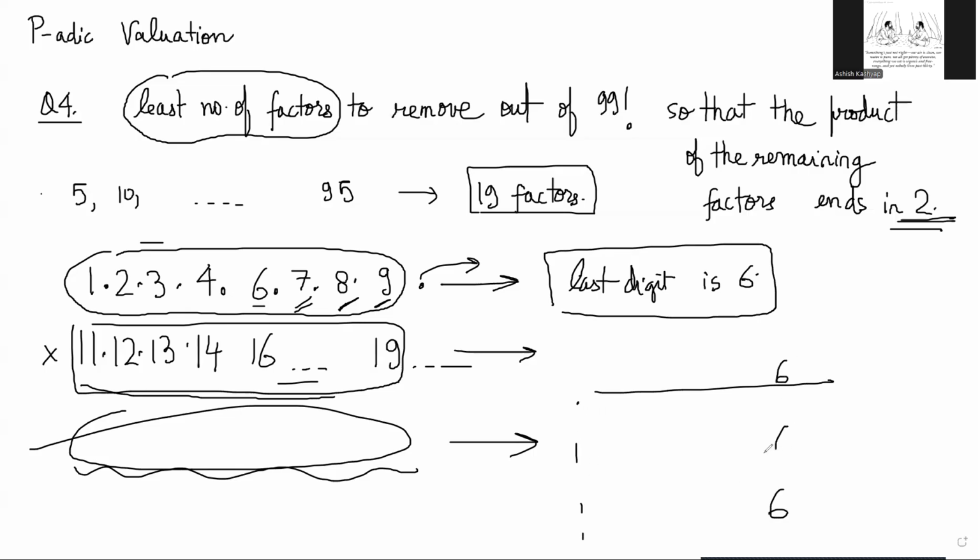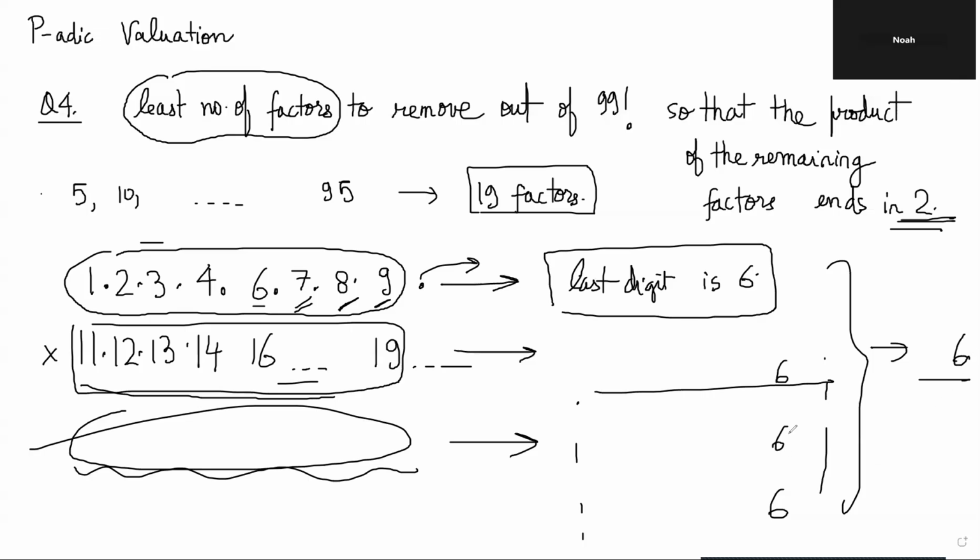When you multiply any number ending in 6 with another number ending in 6, the final answer is also ending in 6. So ultimately, if you can somehow remove some factors from here and make it end in 2, that will be enough, right?